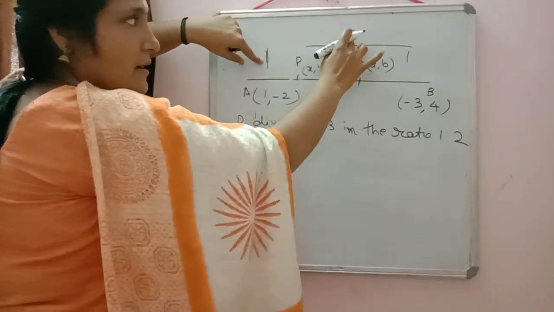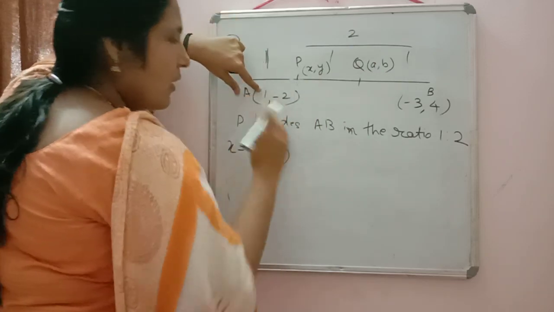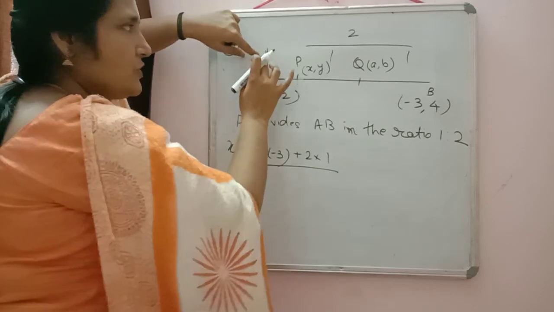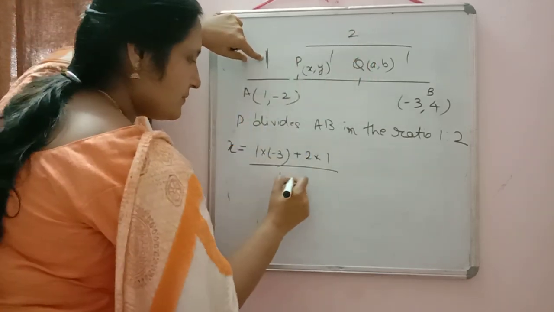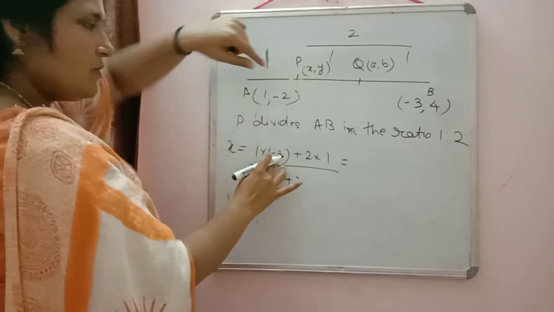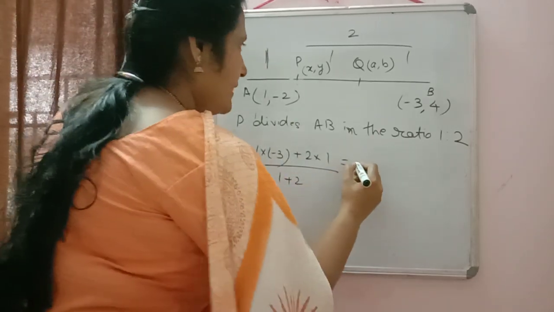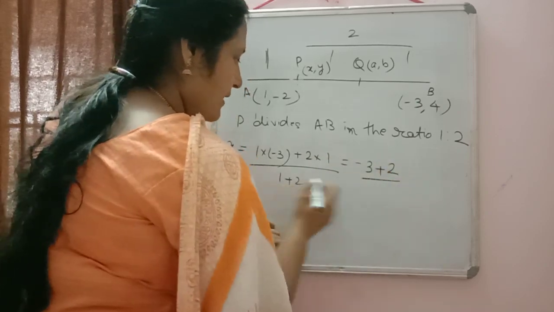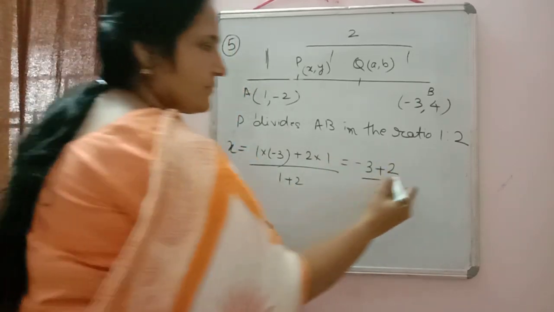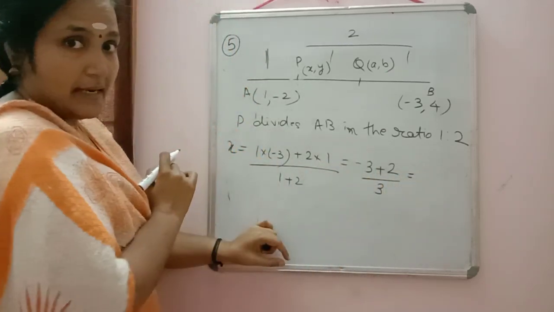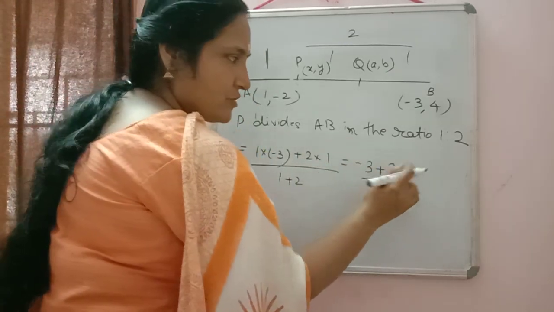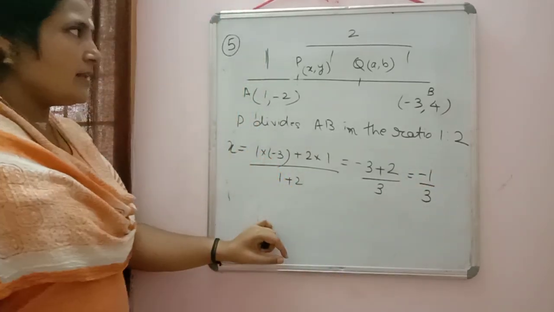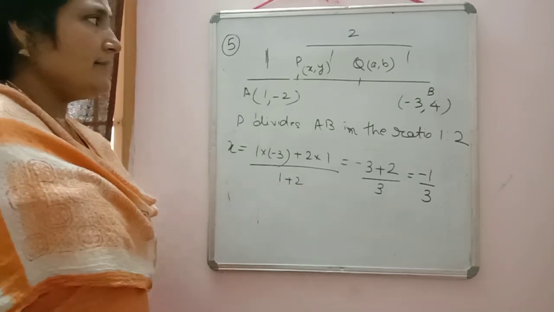That ratio I wrote here. 2 will be multiplied by 1 plus 2 into 1 by ratio 1 plus 2. 1 into -3 will be equal to -3 plus 2 into 1 will be equal to 2 by 1 plus 2, 3. Again, don't cancel this 3 and -3 there. -3 plus 2 will be equal to -1 by 3. So, x coordinate of P is -1 by 3.